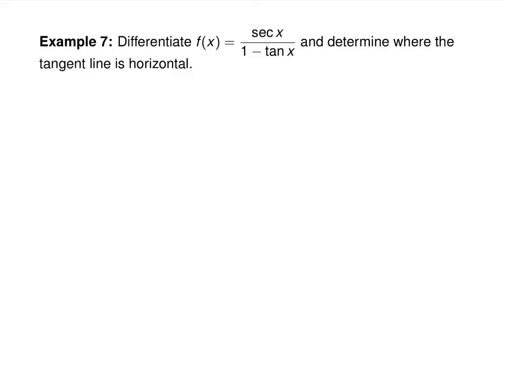Okay, so find this derivative and figure out where the tangent is horizontal. So how about you do the first step of taking the derivative? Just apply the quotient rule and don't simplify. Just give it a shot, because the simplifying is the grossest part.